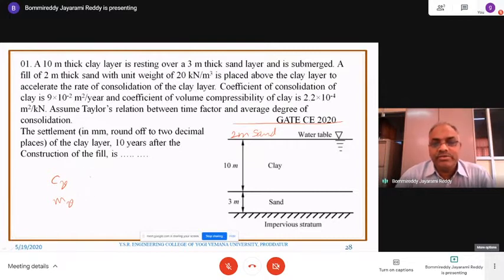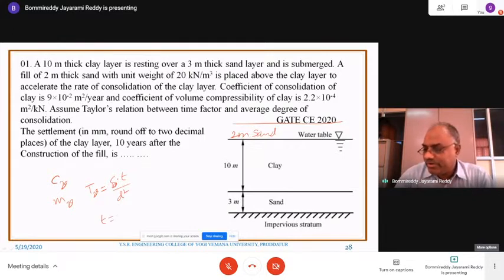Assume Taylor's relation for time factor and average degree of consolidation. What is Taylor's equation? TV will be equal to CV, the coefficient of consolidation, into T by T square. What is the question? The settlement of the layer 10 years after the construction of the fill.